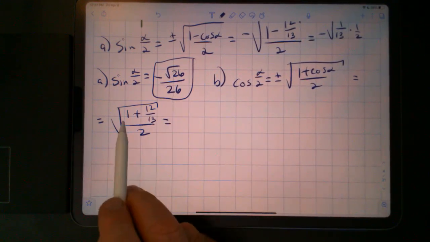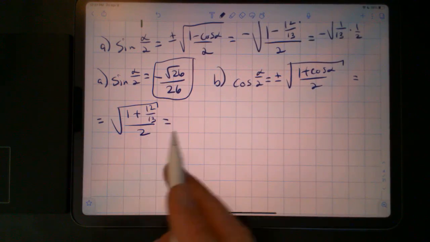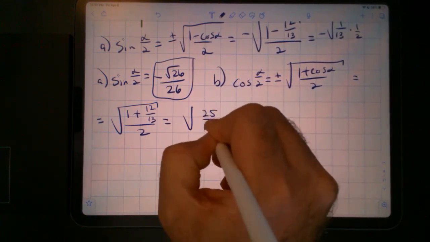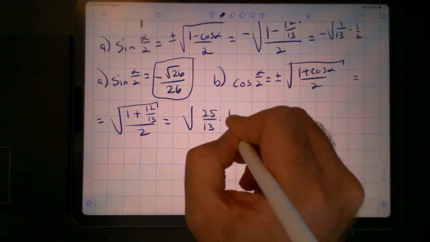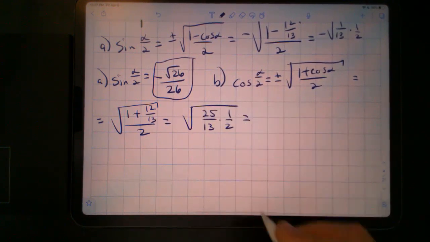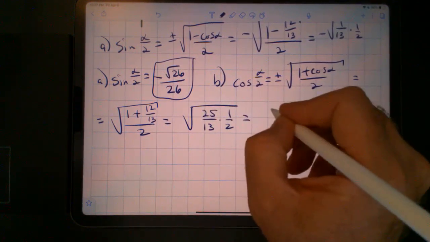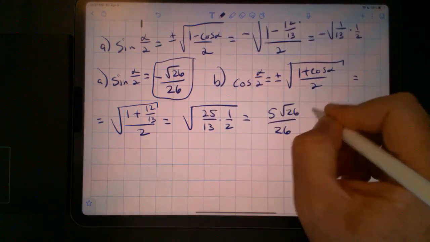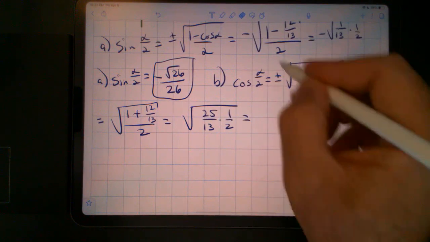Okay, so we have 13 over 13 plus 12 over 13 is 25 over 13. Divided by 2 is the same thing as multiplying by 1/2, which is going to be 5 radical 26 over 26 equals your cosine alpha over 2.